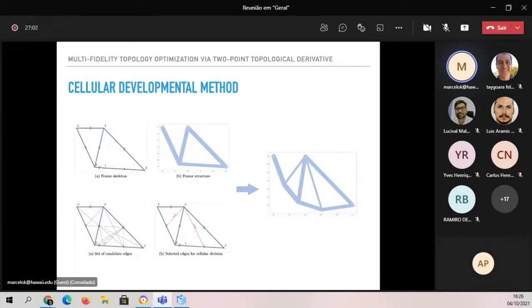So when I put these two together, and after I add those two red bars, of course, it's going to change the stress distribution that was used to calculate the 2-point topological derivative. And so what I do is I perform a shape optimization on that, and that's what I got at the end.